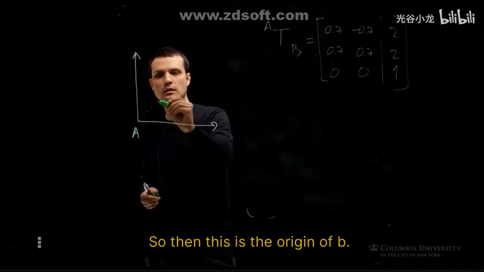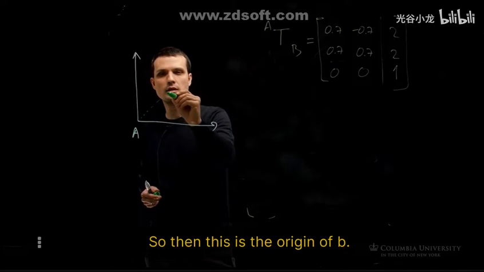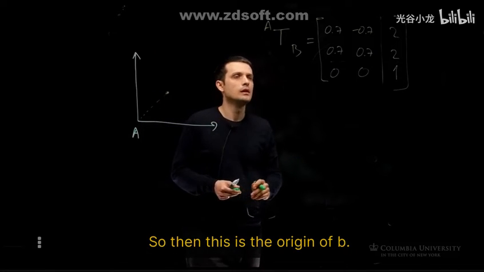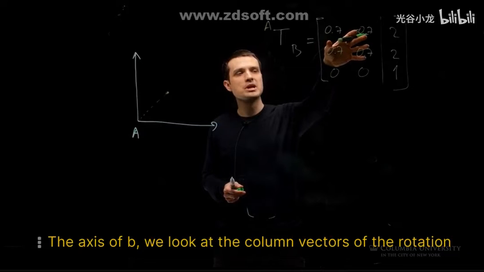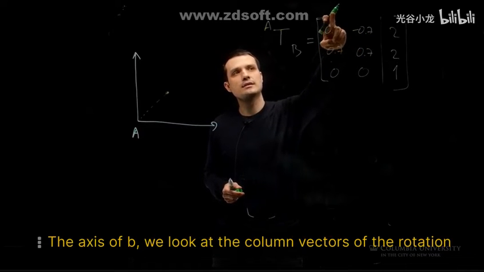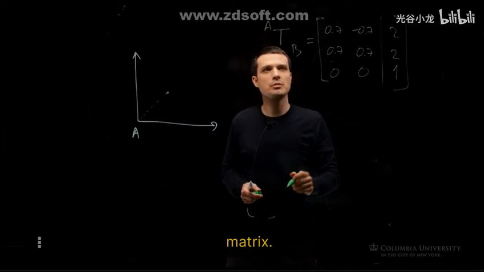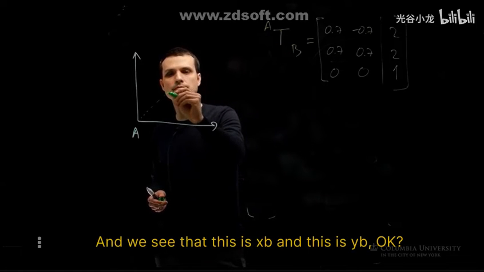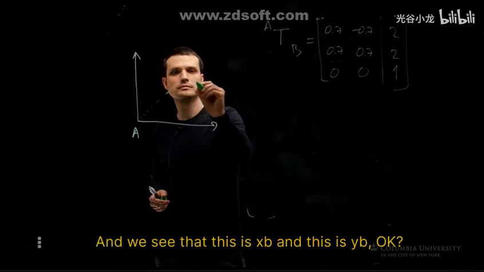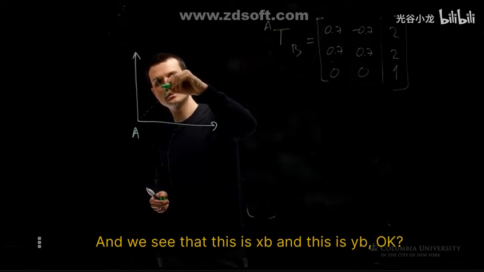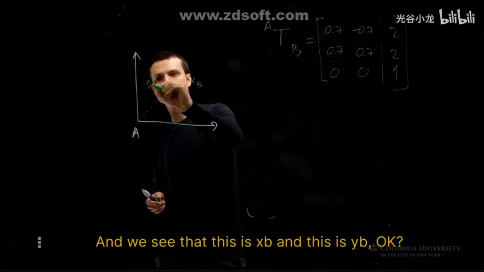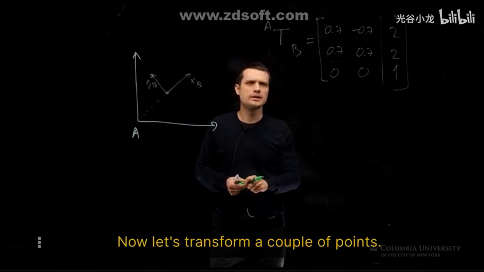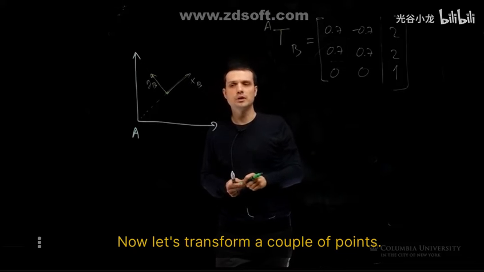So then this is the origin of B. The axis of B, we look at the column vectors of the rotation matrix, and we see that this is xb, and this is yb. Okay?